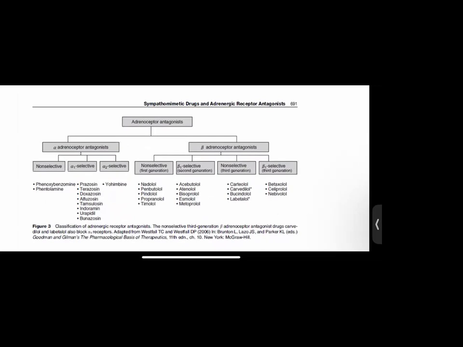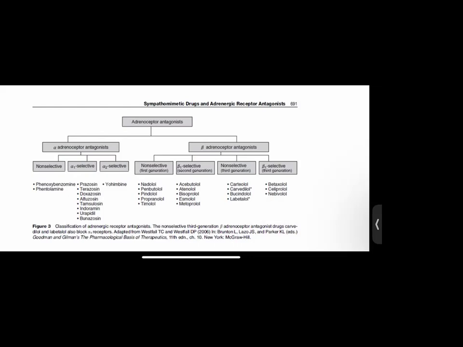Then we have the non-selective beta adrenergic antagonists like timolol and propranolol; beta-1 selective, atenolol, bisoprolol, esmolol, and metoprolol. Then we have the generations: second generation, third generation, and the third generation of beta-1 selective. So let's go to alpha antagonists.